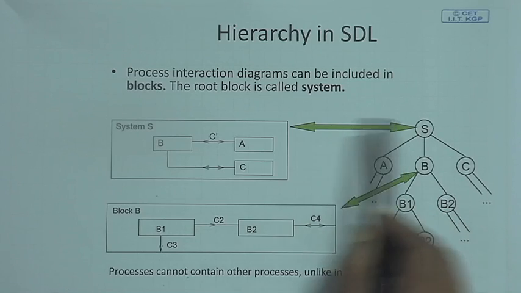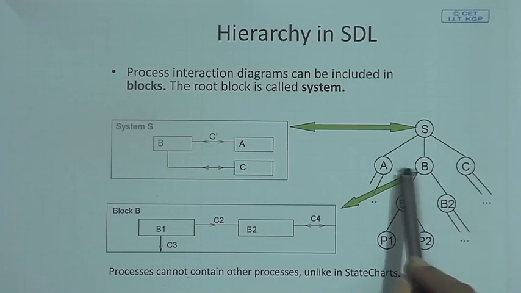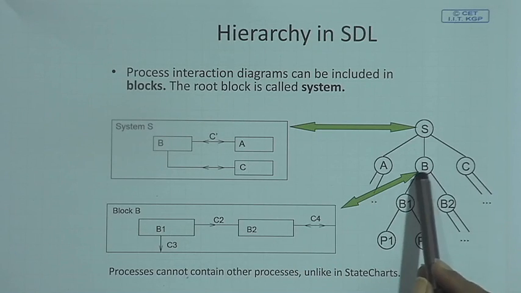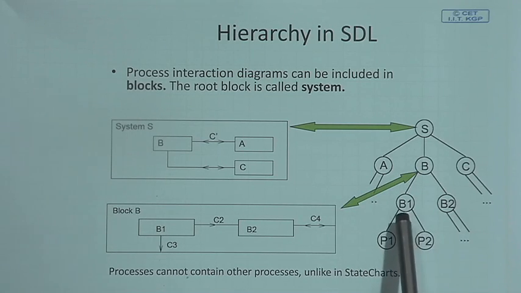So, here is a hierarchy, say S is this thing, then S is divided into A, B, C, and then B can be further broken down. You see this here is a decomposition of the block B. B can be broken down into B1 and B2, and here is an example of their communication. B1 and B2 communicate with C2 and C3.